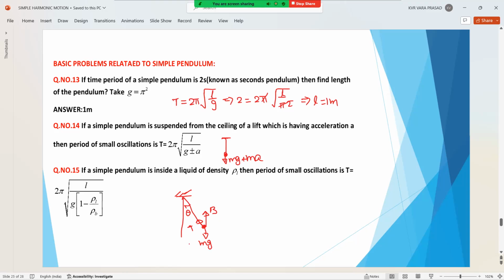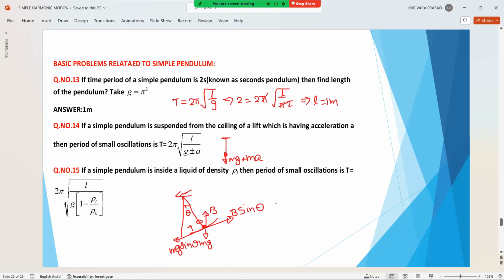Now take the restoring force. See how to take it. Here, one component of the restoring force is mg sine theta, and the component of the buoyancy force is also B sine theta.